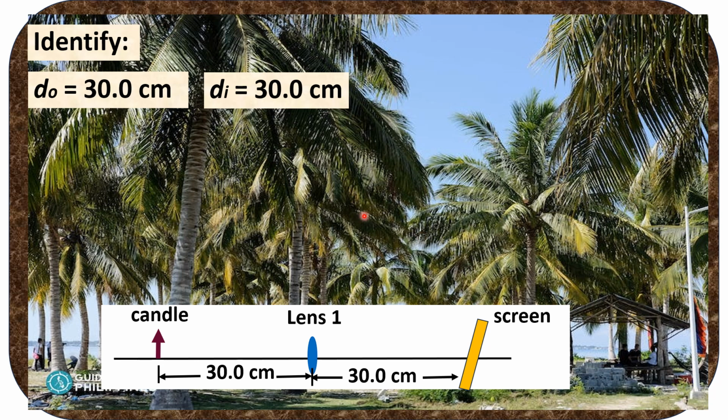One of our target variables is the focal length of the converging lens, denoted by small letter f sub 1.